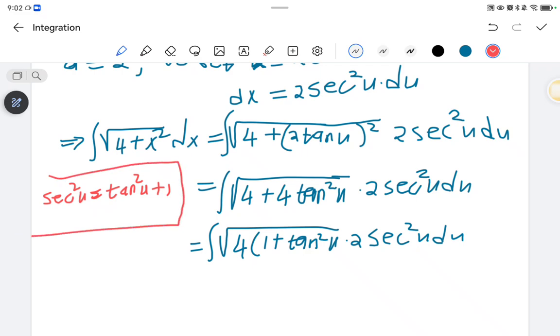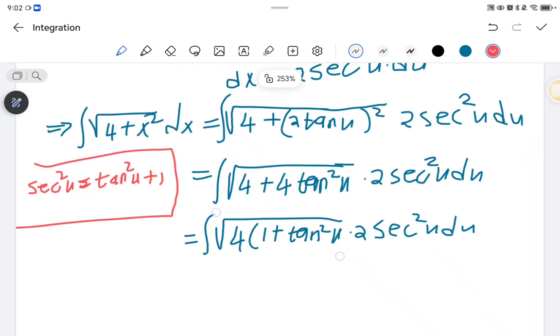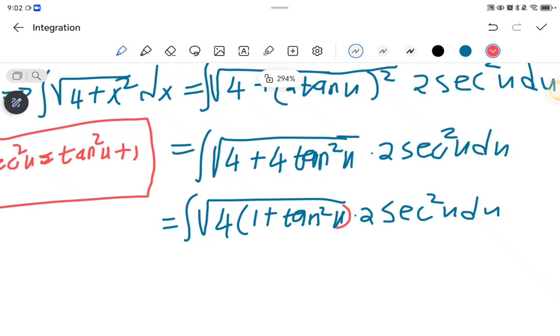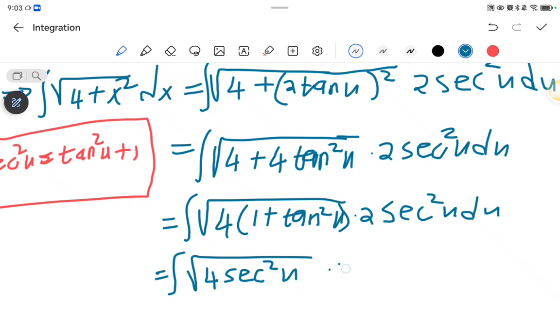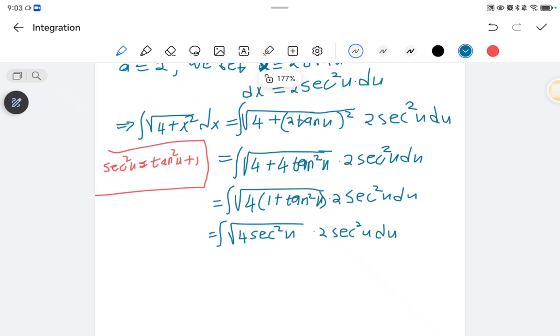So we can easily substitute that. This will be the integral of the root of 4 sec squared u times 2 sec squared u du. I hope we agree here.